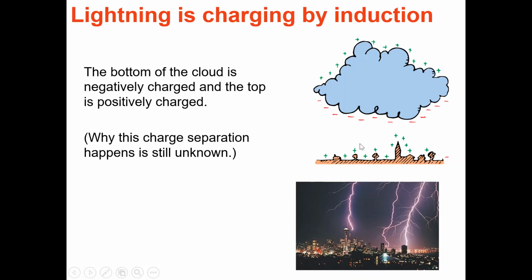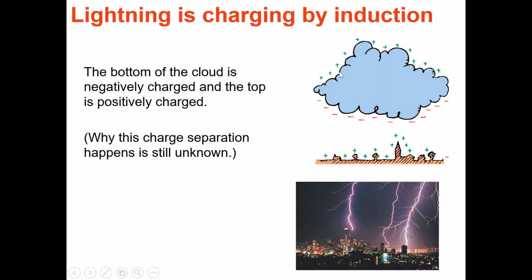And it kind of moves across the land. And why this is happening, all of a sudden we have these negatives here because the positives here are being pulled up from these negatives. They're attracted to each other, and then all of a sudden, kablam, the lightning strikes.